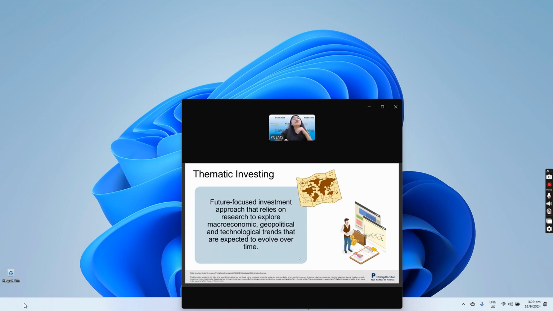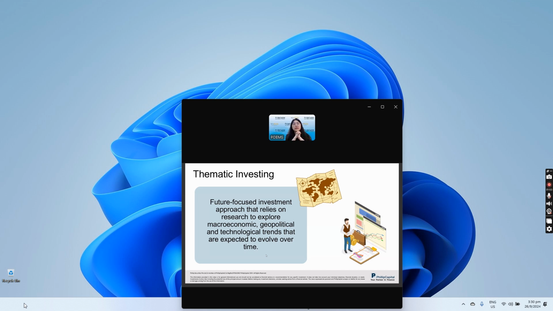Next is thematic investing. When I did research, I found this one actually good. It's a future-focused investment approach that relies on research to explore macroeconomic, geopolitical and technological trends that are expected to evolve over time. For example, previously people all said, hey, IT is very good.